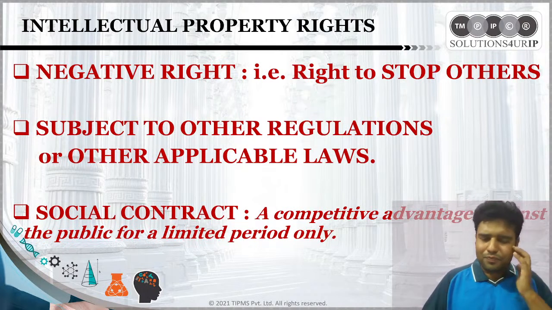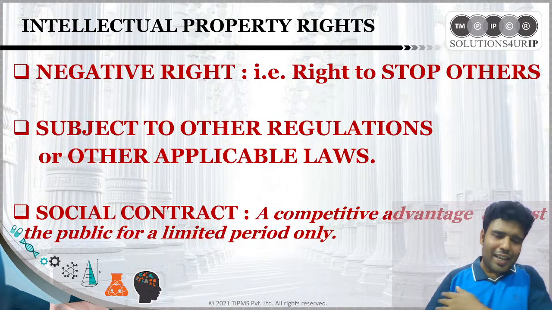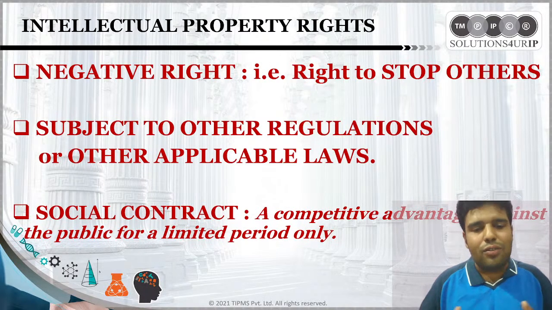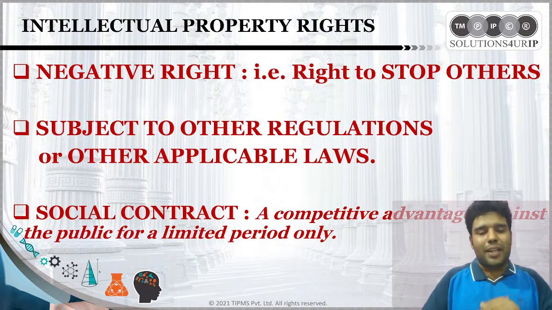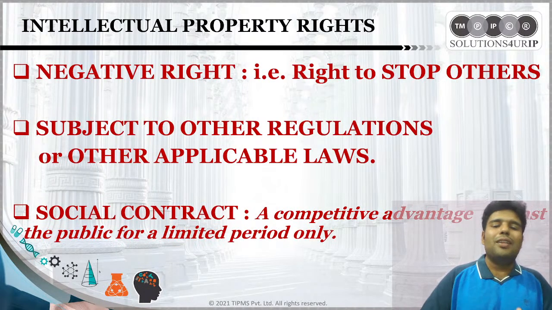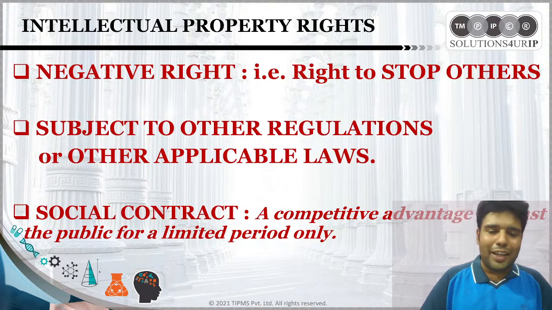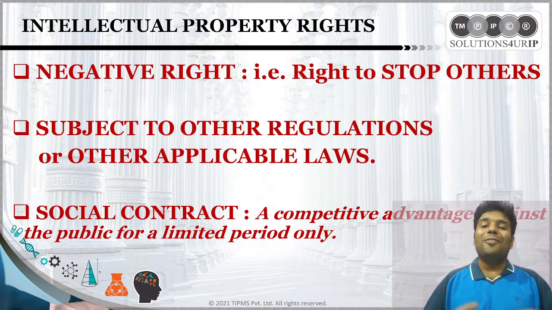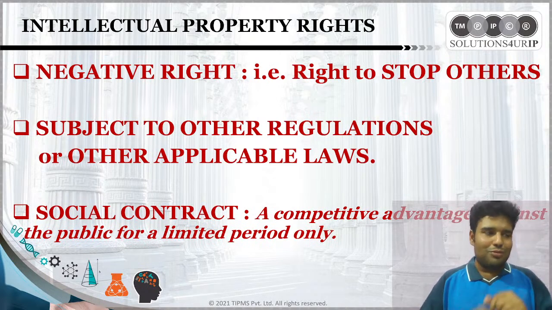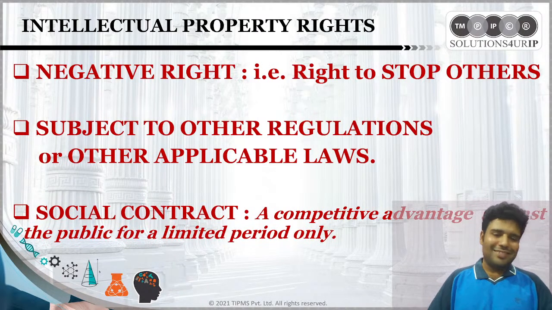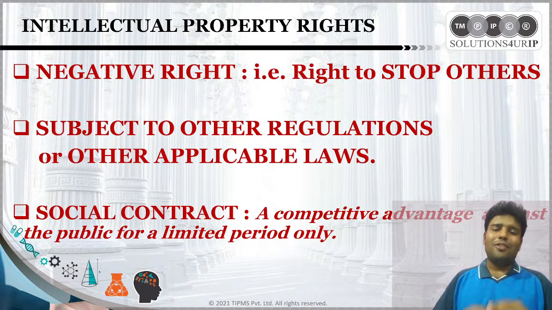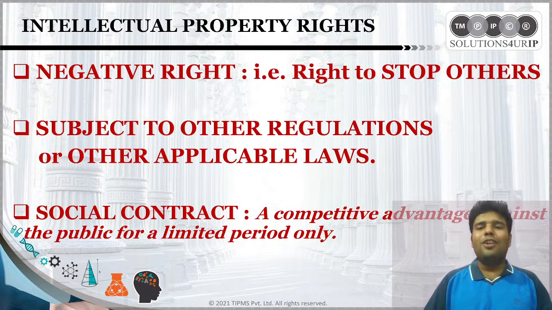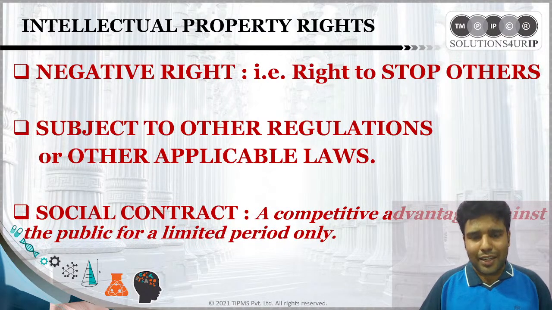Okay, so if I say like that, then tell me, when you are seeking any intellectual property rights, what are you giving to anyone, and who is that anyone, and what is that anyone giving to you? Who is the other person with whom you are entering into a contract?